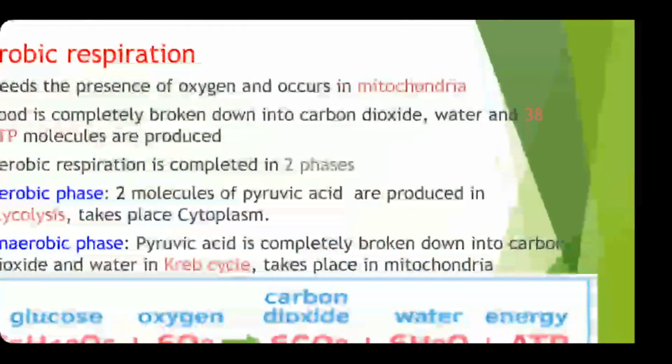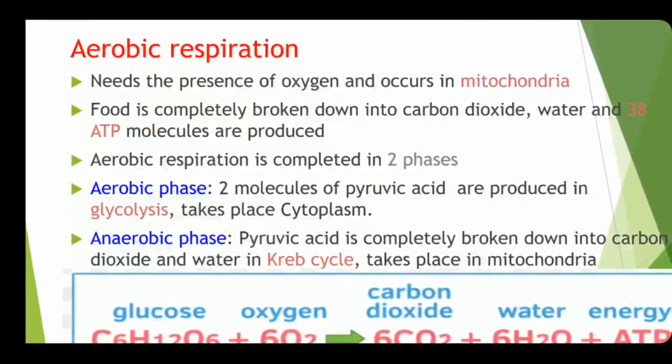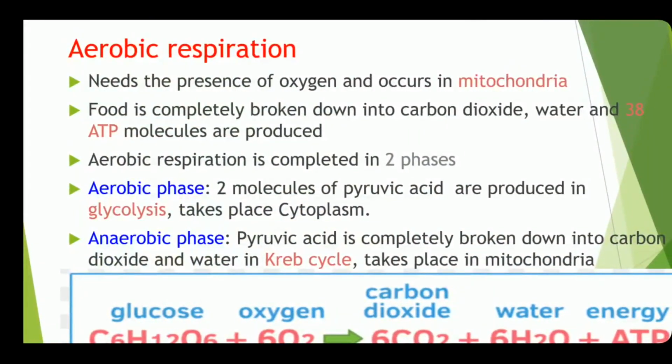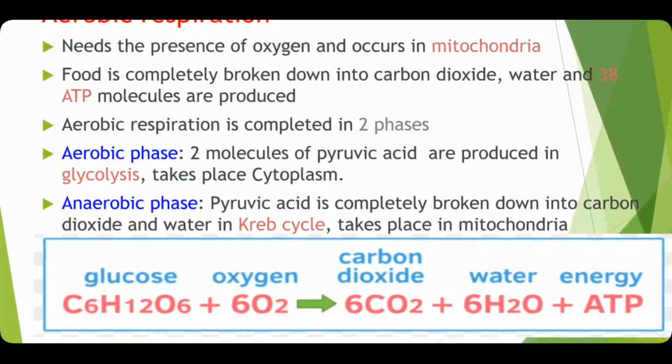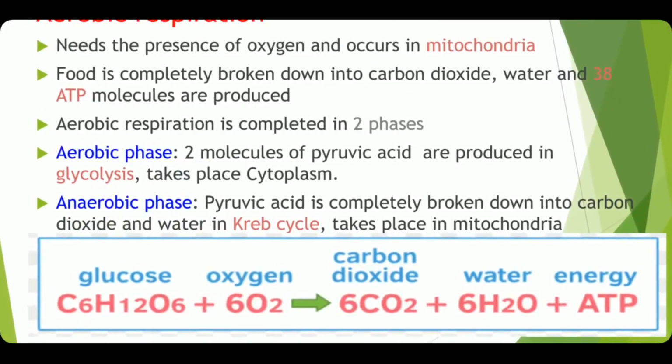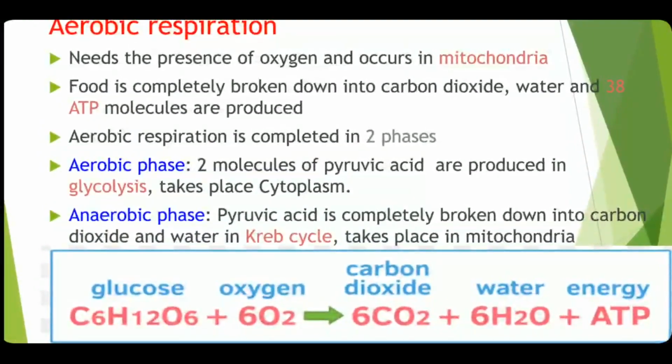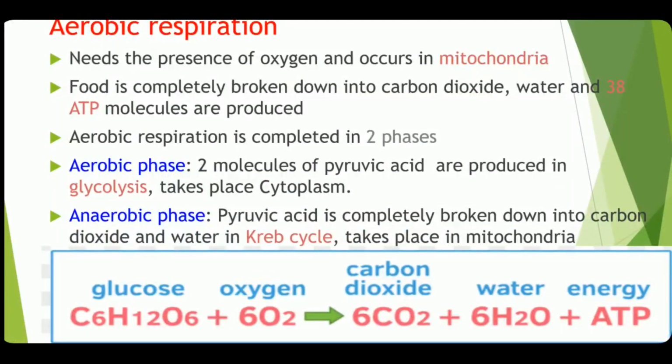Now, aerobic respiration. Here we are going to discuss this process in detail. What do you know about aerobic respiration? This respiration takes place in the presence of oxygen. As it takes place in all the cells, in which part of the cell? It takes place not only in the cytoplasm, it takes place in mitochondria.